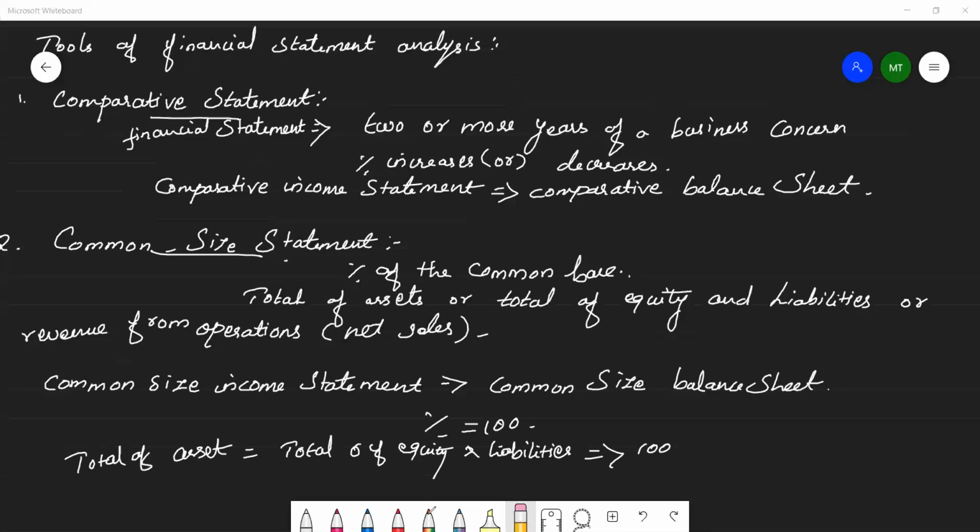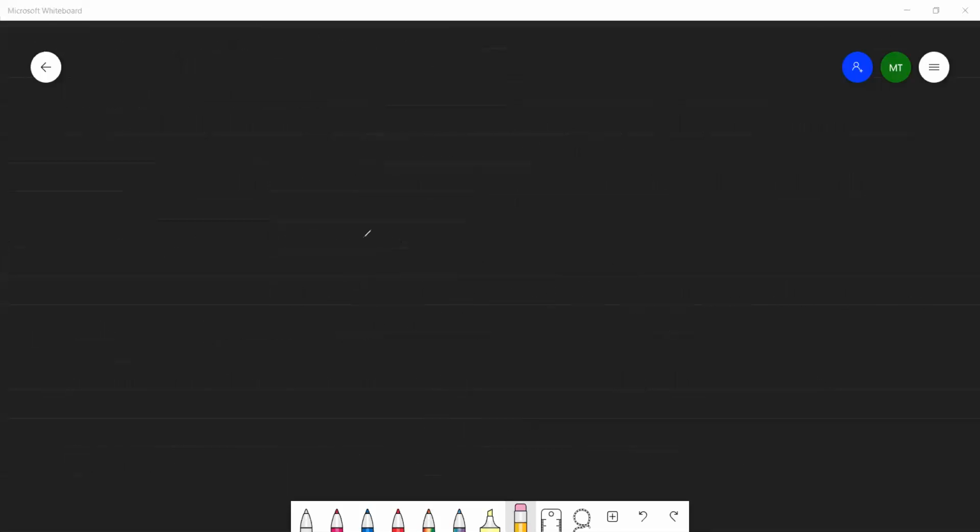Next, the common size statement can be compared with those previous years. So இது எதை கம்பேர் பண்ணுமா, previous year தான் கம்பேர் பண்றது. Okay, so they can also be compared with those of other similar business with the similar accounting policies. That's all. Next one is a trend analysis.